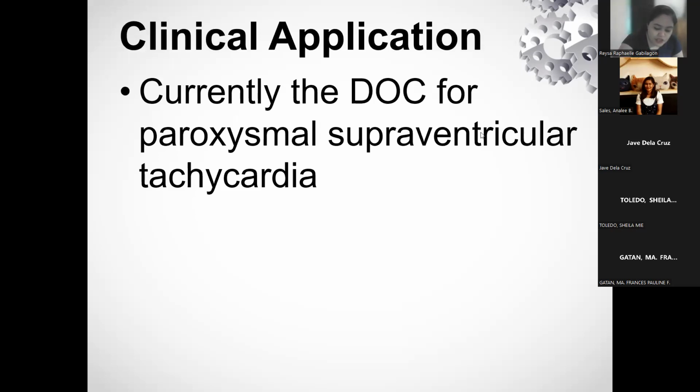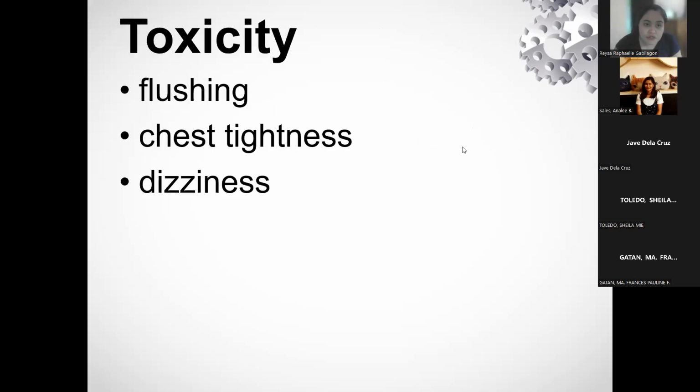Basta mga drug of choice, mga board exam questions sila. Again, currently, this is the drug of choice for our paroxysmal supraventricular tachycardia. Kasi yung mga na-mention natin kanina, or even last time, mga drugs sila for supraventricular tachycardia. But this time, this is our drug of choice.